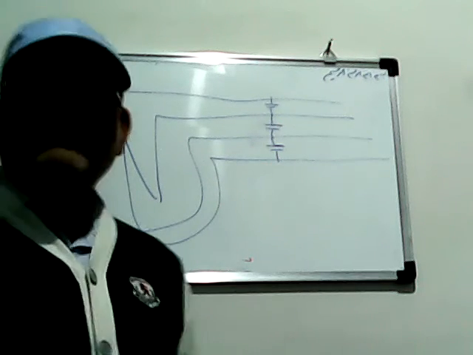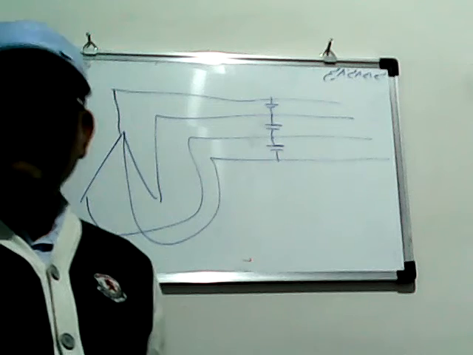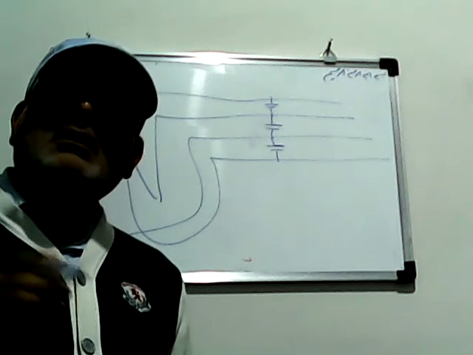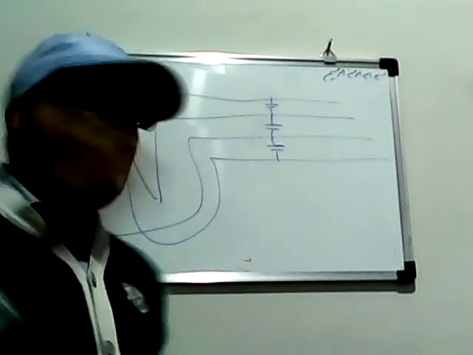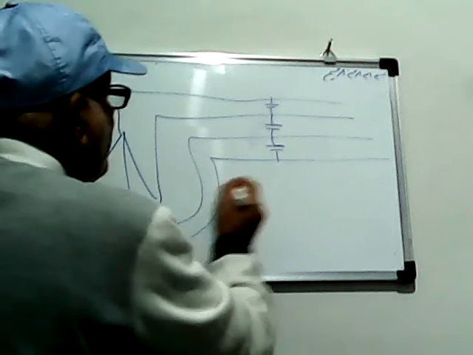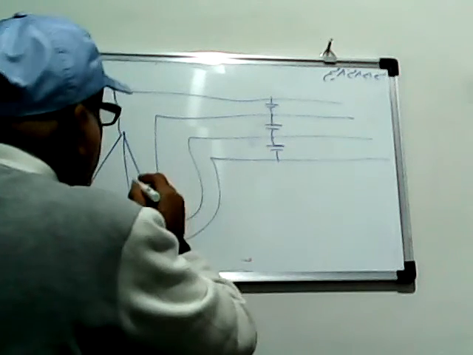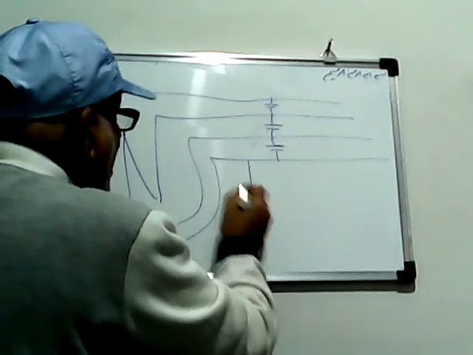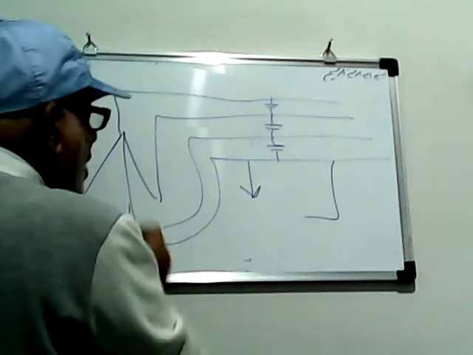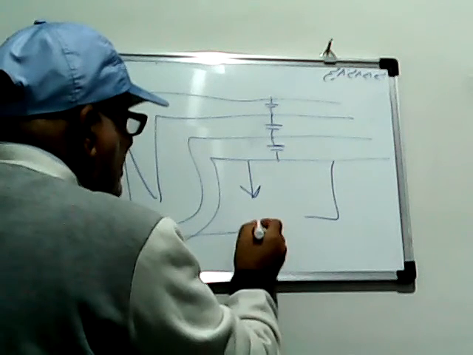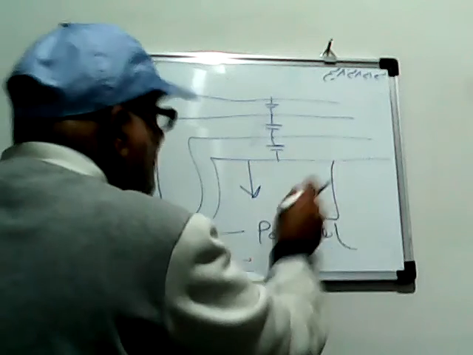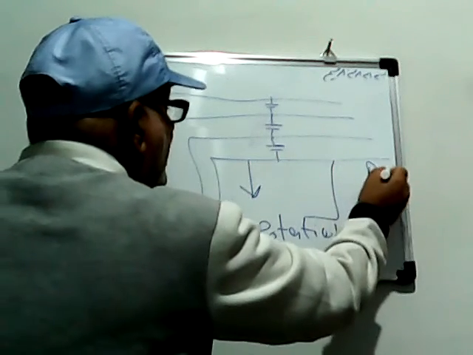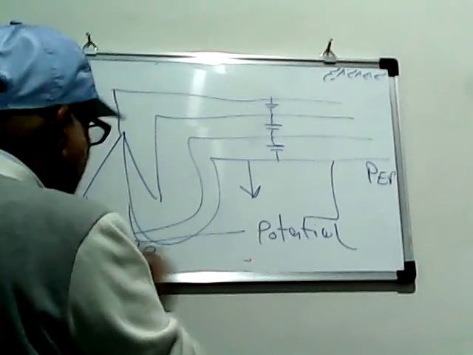How can we eliminate the capacitance property? Because the capacitance property makes a potential between the PEN and RB.